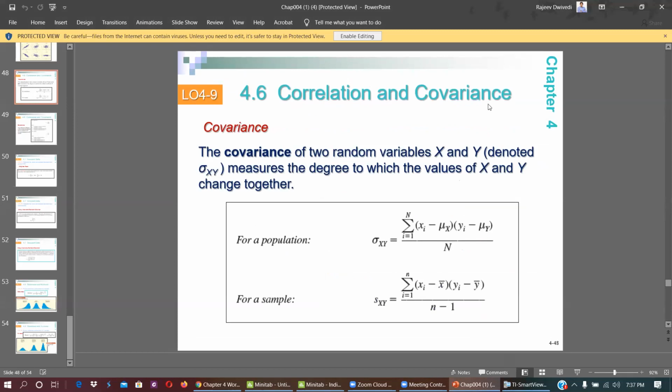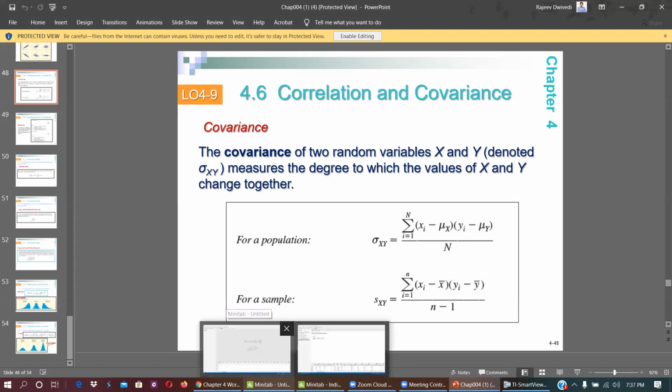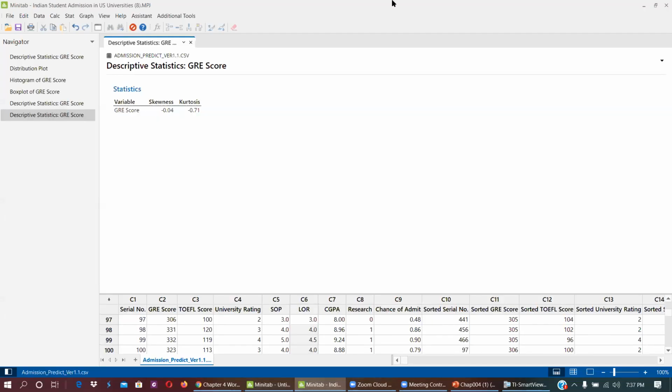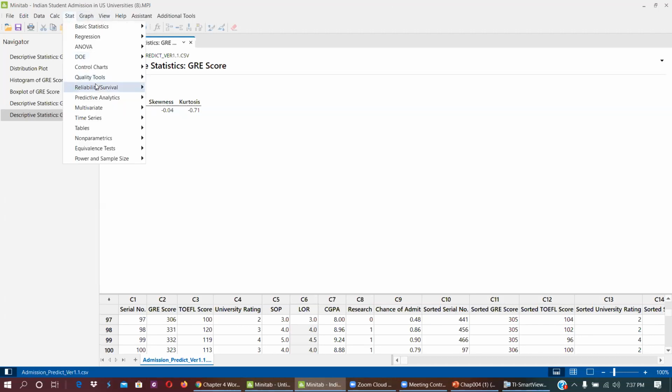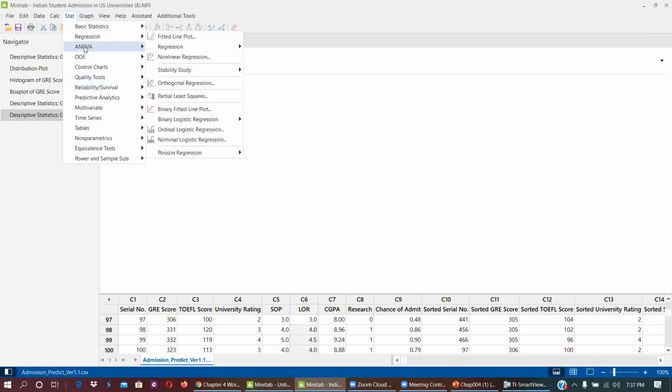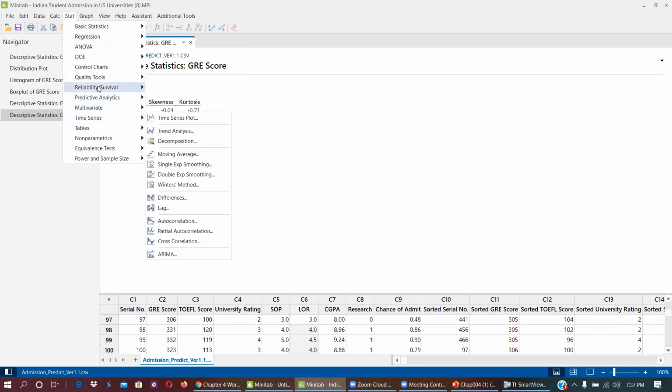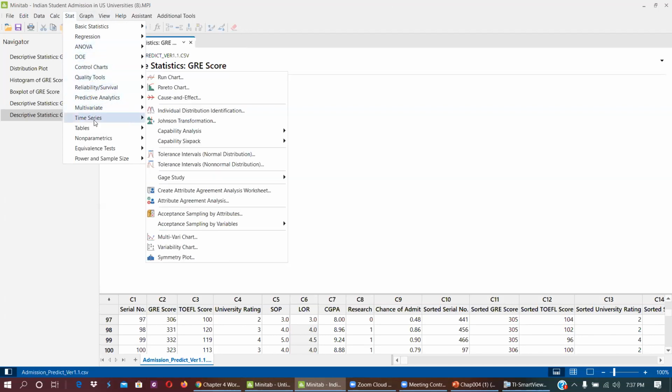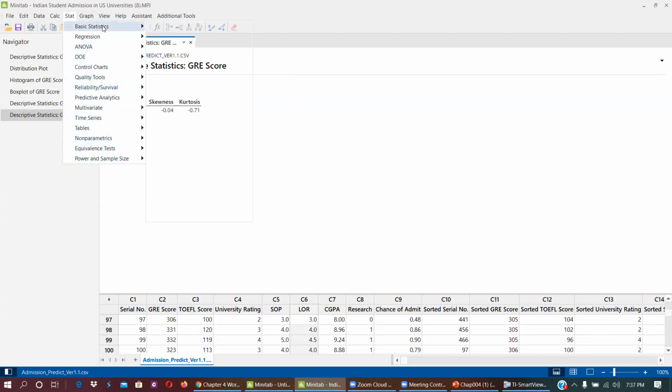Now we are going to do the correlation. Just a minute, last thing. What I said, correlation means you need to have two variables together. So I'm going here, Stat, and in Stat you have Basic Statistics.